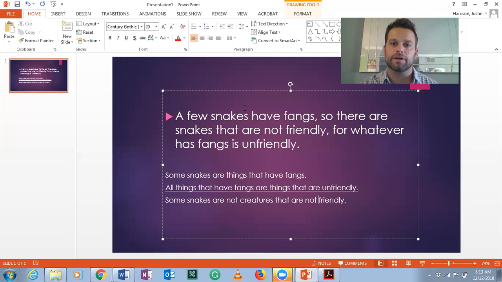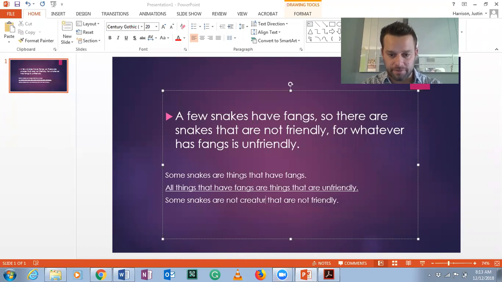So that's probably going to be the hardest area, because not only are you going to have to translate the sentences into categorical form, you're going to have to put them in the proper place as well. And I just realized something else.